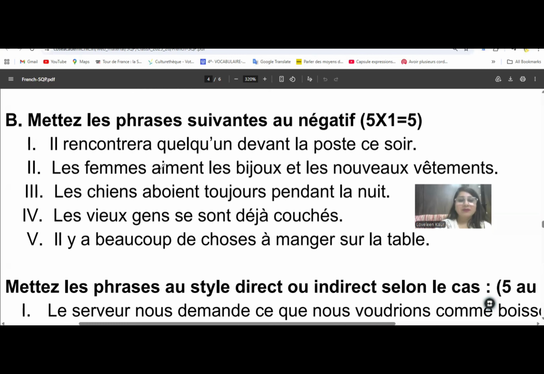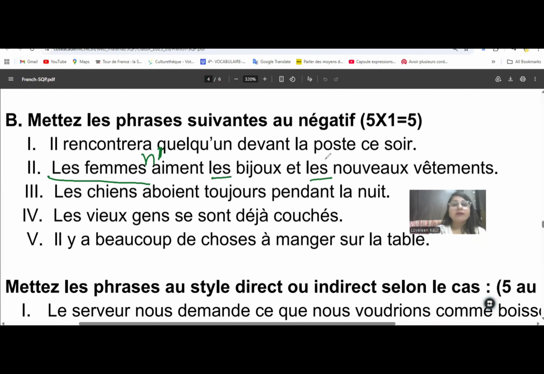Let's see. So you see, this is which type of sentence? Yes, it is a "neither nor" sentence. So I will do "les femmes", here we'll put an apostrophe, "les femmes n'". And now because "le" I told you will keep it. If it's du, de la, des, then only we have to remove it. If it's written le, la, les, then we'll keep it.